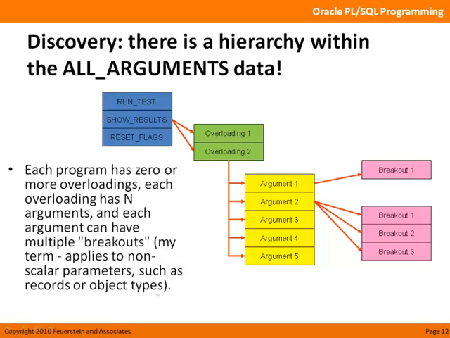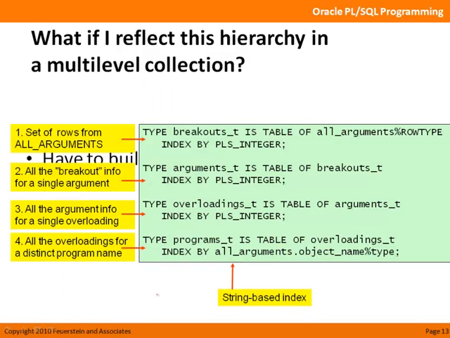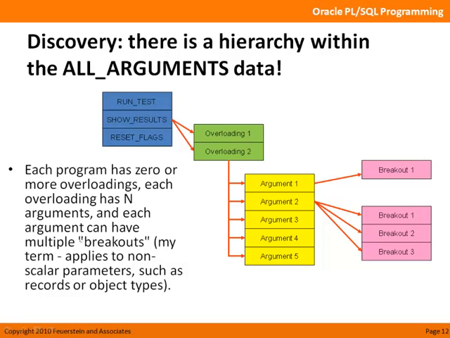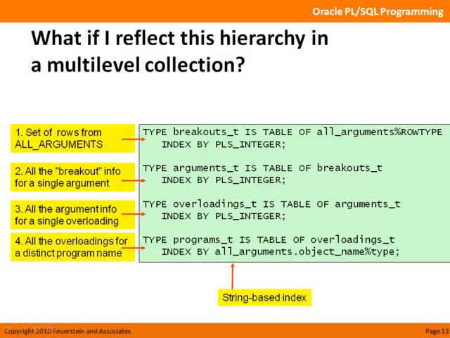Okay, so what do I do with that? I went back to my definition in my package, and instead of having a single collection of records, I created a 4-level nested collection to mimic the structure that I saw right here. Let's start from the bottom.